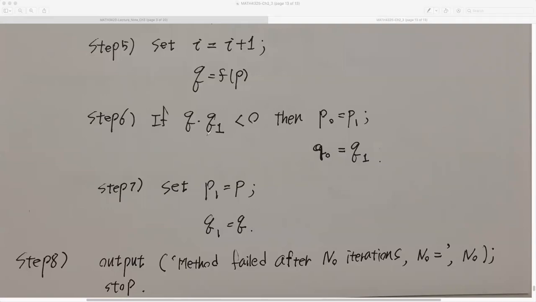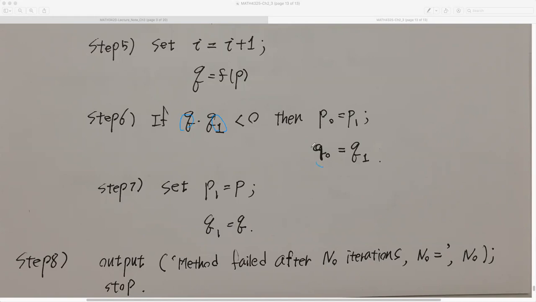But what if Q times Q1 is greater than 0? We don't update P0, Q0; we only update P1, Q1. That's the difference between the secant method and the method of false position. Q is f of P2, so f of P2 times f of P1 is greater than 0. That means their signs are equal, so we don't use P2 and f of P2 in place of P0 and Q0.